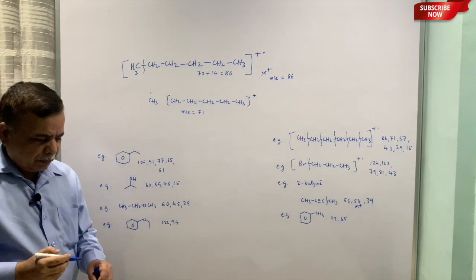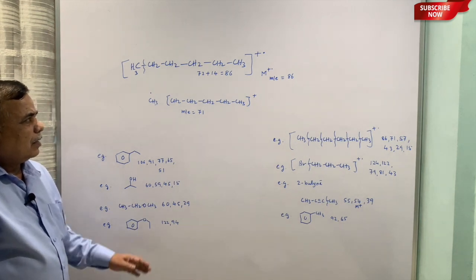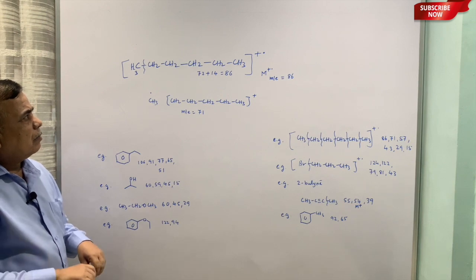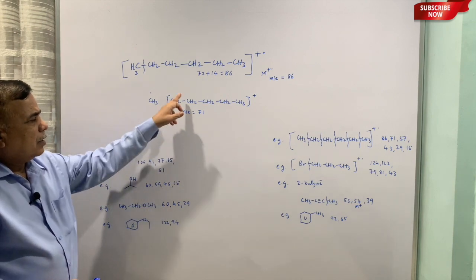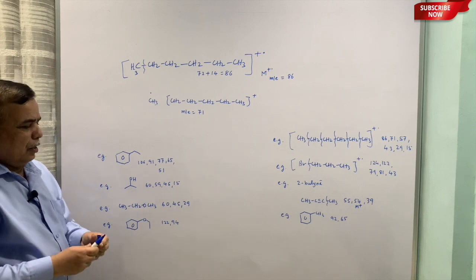So, in case of alkane, the consecutive peaks are differing by, like after this every 14 units is lost.